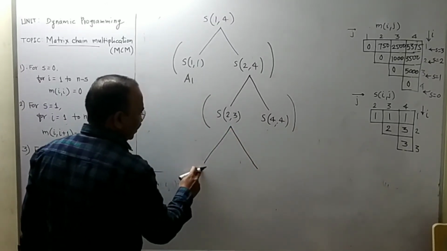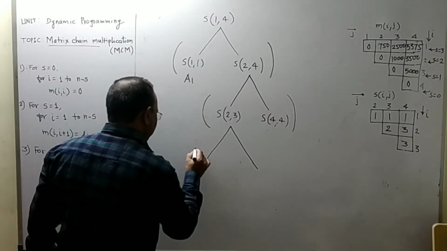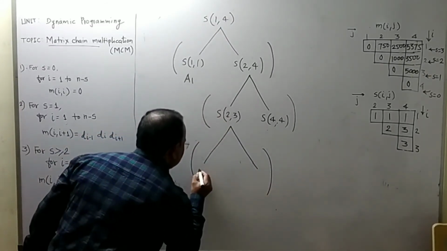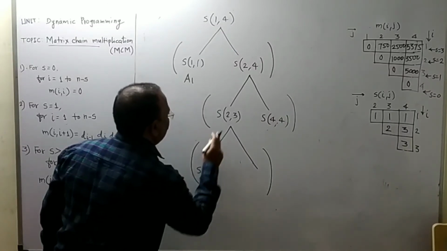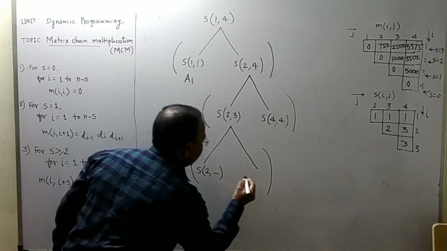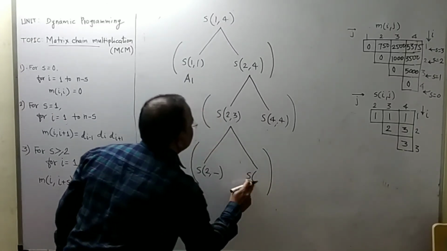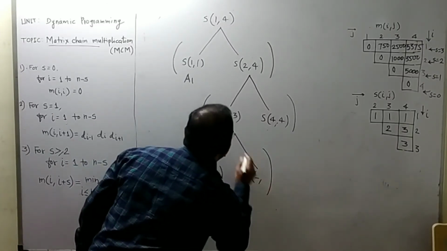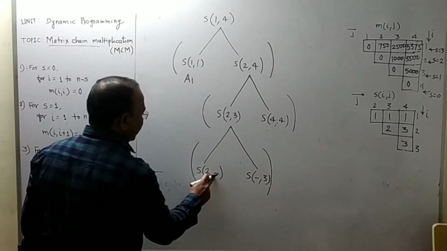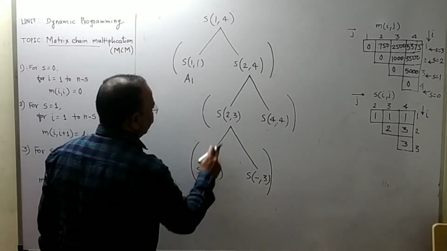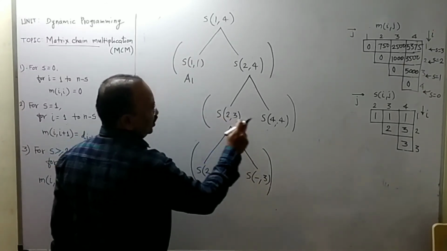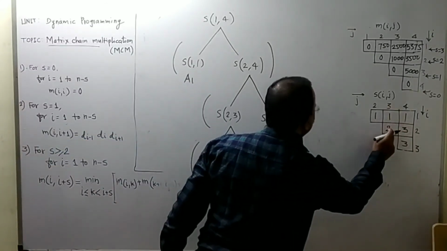So enclose left and right child using opening and closing bracket. Here write S of 2 comma dash, here write S of dash comma 3. So what will be the value at this position? For that we have to find out the value in S table at position 2 3. So 2 3 value is 2.